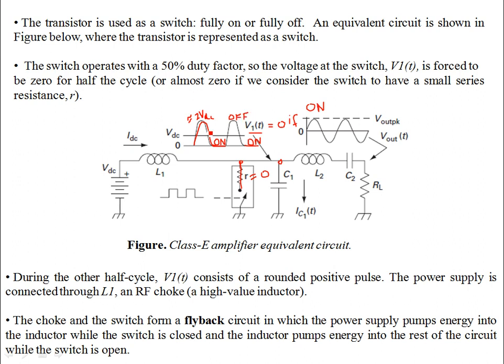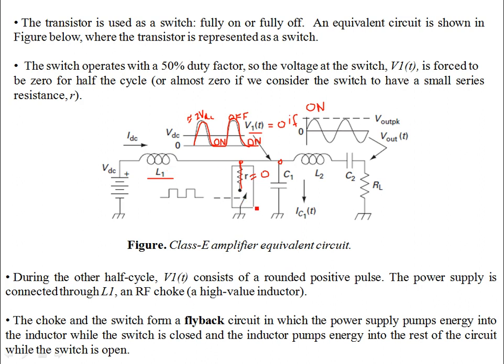Why do we have the amplitude of 2 VDC? We have talked about this before. Once the switch closes, you pump the energy into the RF choke. The inductor L1 stores energy in its magnetic field.